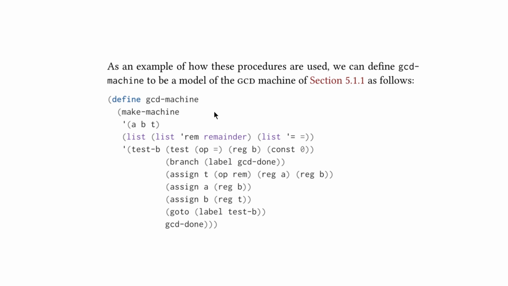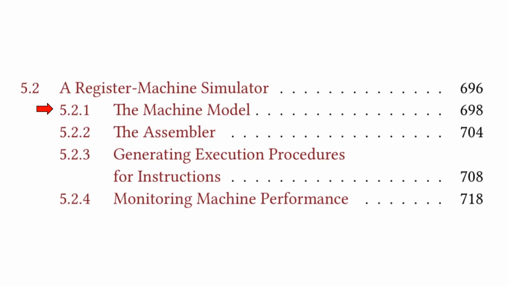So we can see here we're basically just defining GCD machine and then calling the procedure make-machine, and then it has three arguments: the registers, the controller, and then the list of operations. So basically we just have the remainder operation and a test for equality, where we're checking if the value in register A is equal to 0. And with this, we hop into the first subsection, 5.2.1, the machine model.